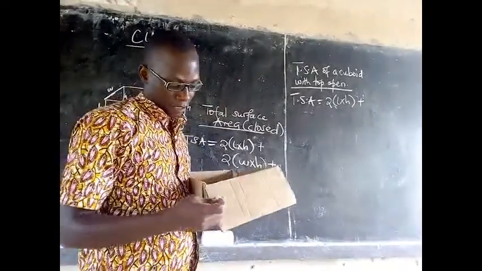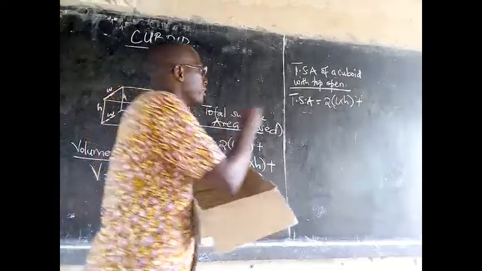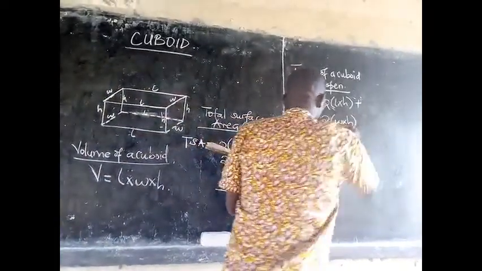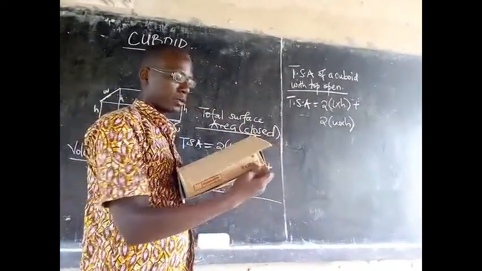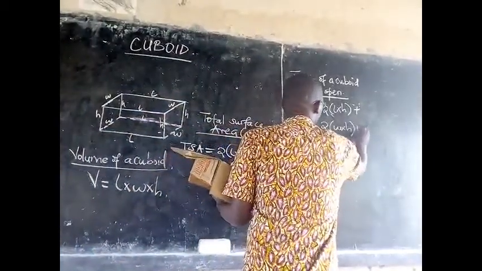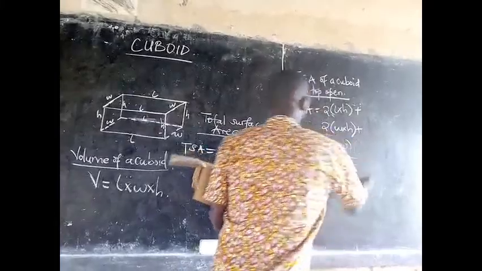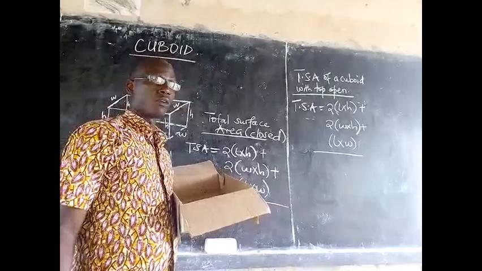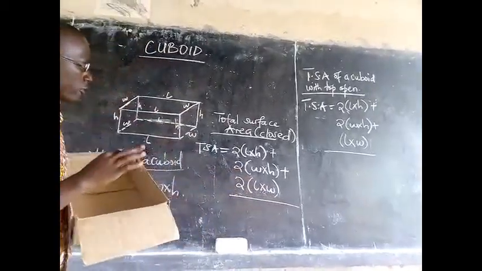We're also finding that now we're having this width times height, the same as the one behind here, so it will be 2 into the width times height, but now the top is not there, so we shall find this one which has the width and then the length. So we shall say plus just the length times width. When we substitute, we shall get what we call the total surface area of a cuboid. So that's how we get the total surface area of a cuboid.